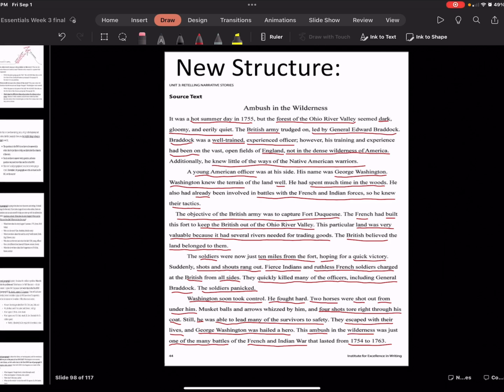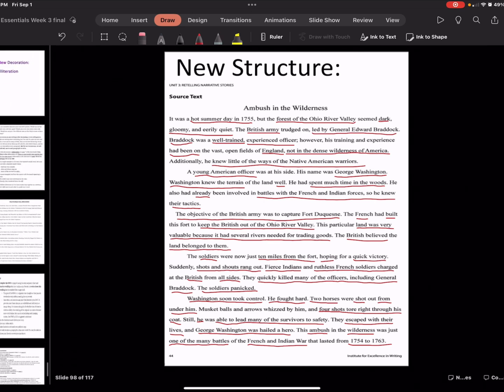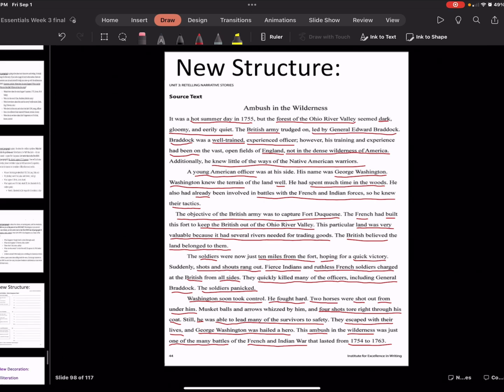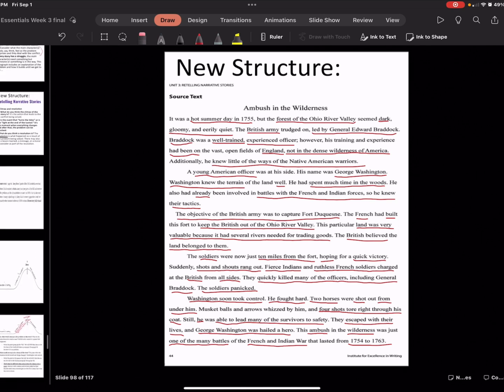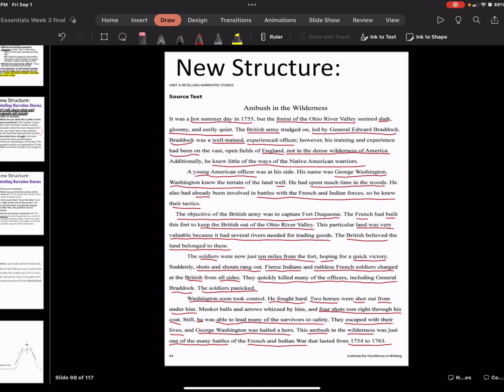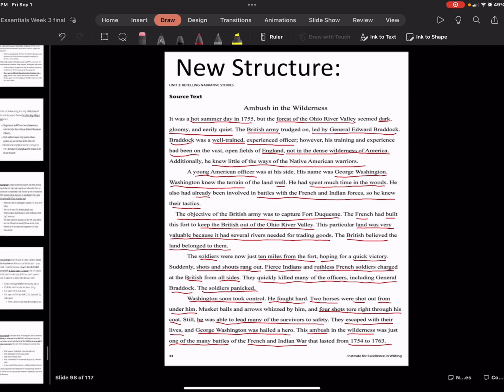And since George Washington was not general, I don't think he was a general yet. Since George Washington was listed in paragraph 2, then we can say that he is part of the characters in the setting. If he came after the problem, then that would be a different story. I'm sorry, I'm scrolling all over here trying to figure out where we are.